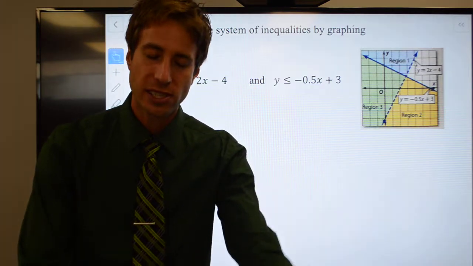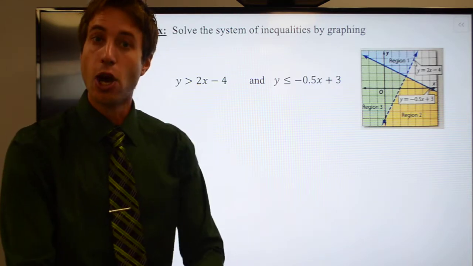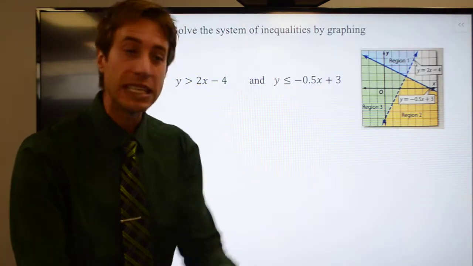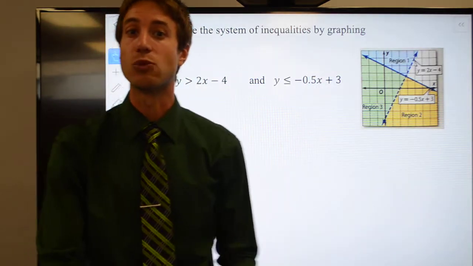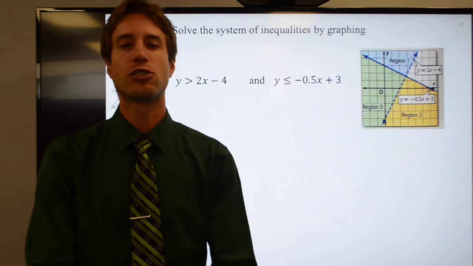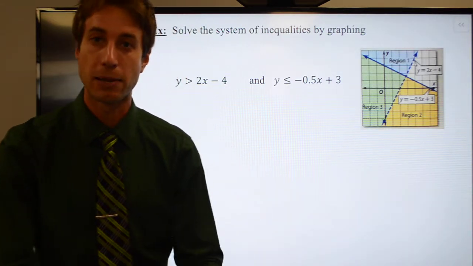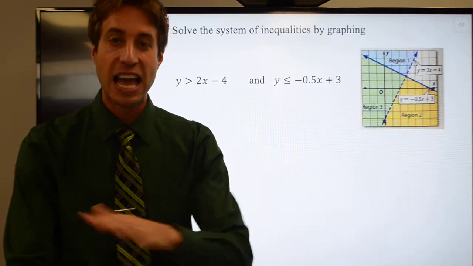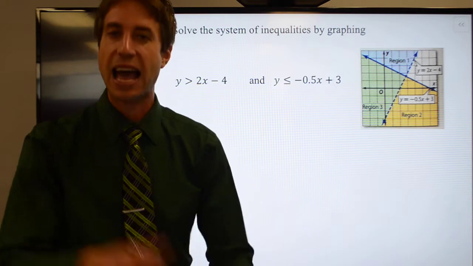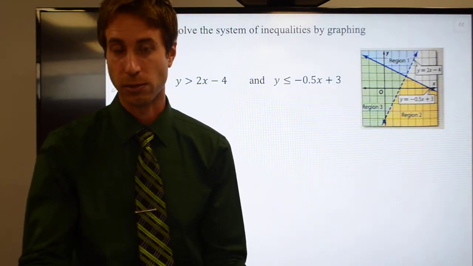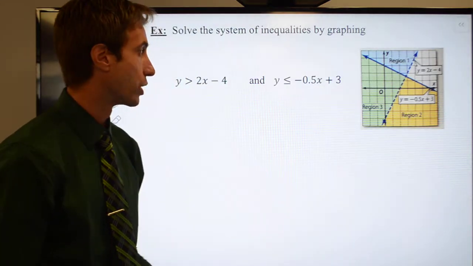If you understand how a system of inequality problem works, all you need to do is solve the system and figure out which is the region of overlap. There's less risk of you getting the problem wrong because you make a mistake with graphing and shading, and the only reason you would get this problem wrong is if you just don't understand how to find the solution region of a system of inequalities. So I really like these problems a lot. Let's go ahead and take a look at how this is going to work.